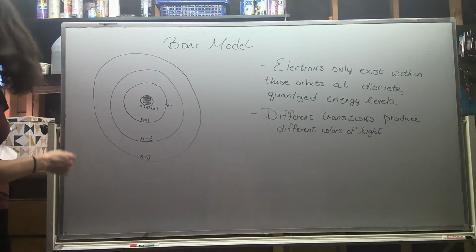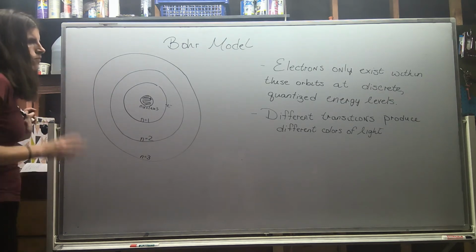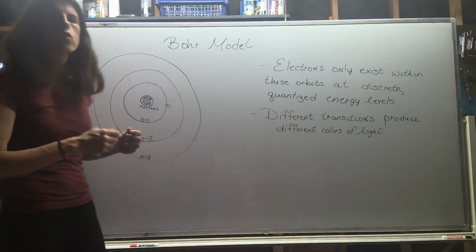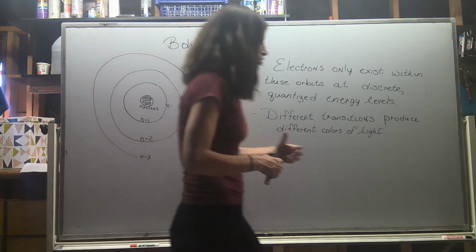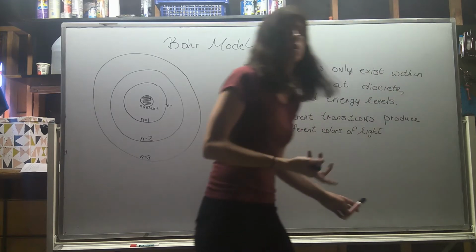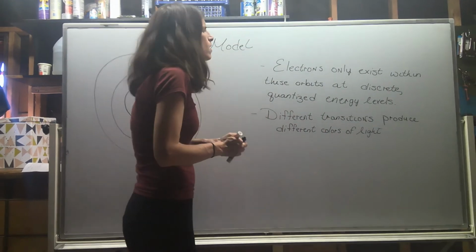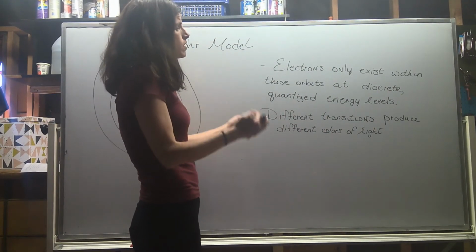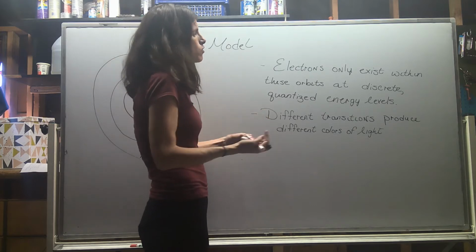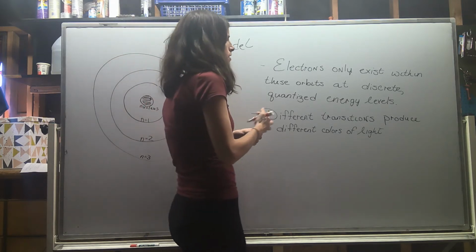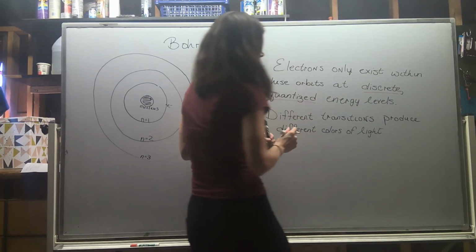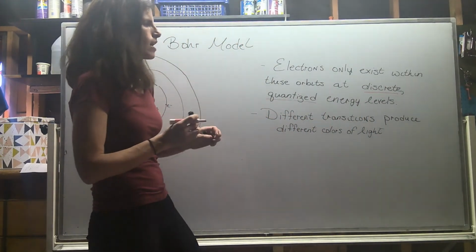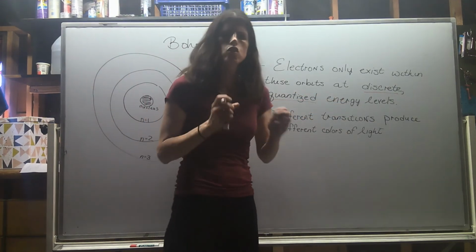What's so cool about the Bohr model is that it follows what they discovered looking at the photoelectric effect. Even though we're talking about electrons now and not photons, there was this idea that the electrons only exist at discrete quantized energy levels. So that's two big things. Discrete, it's unique.